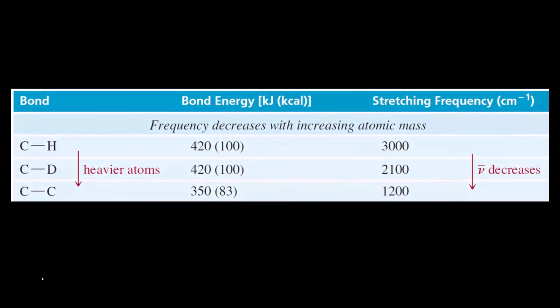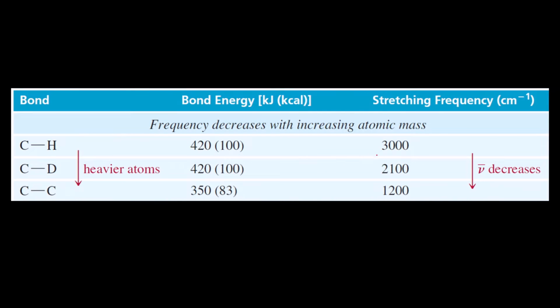So let us see the actual values now. Here you can see that as the mass of the other atom is increased from hydrogen to carbon, hydrogen atomic mass is 1, deuterium it is 2, carbon it is 12, the stretching frequency is decreasing, because we saw just now that the stretching frequency is inversely proportional to the reduced mass.